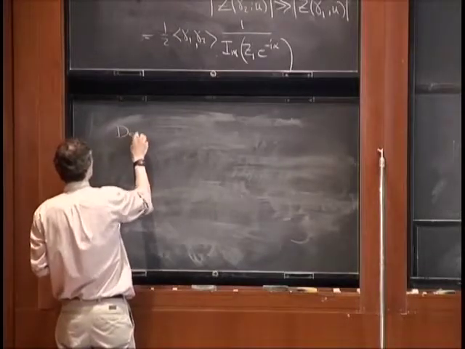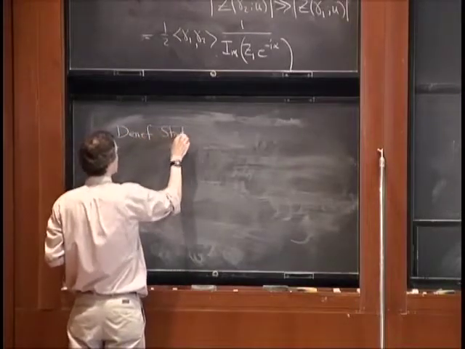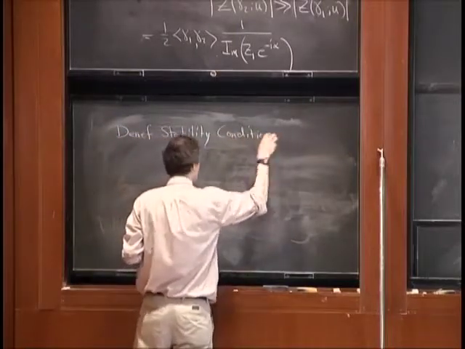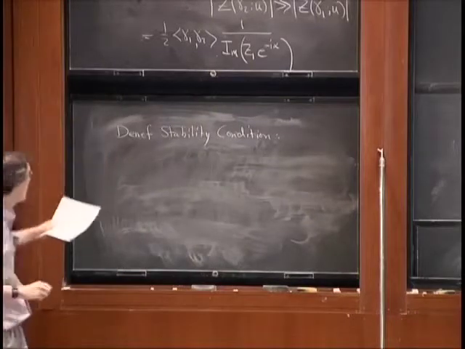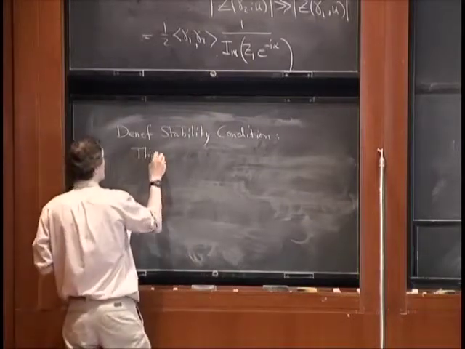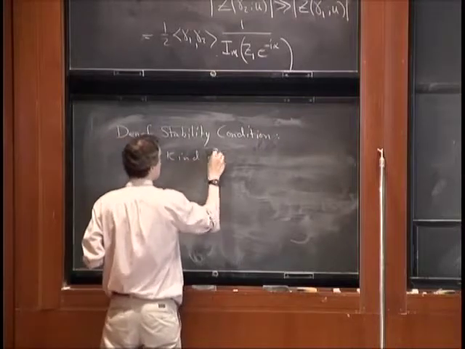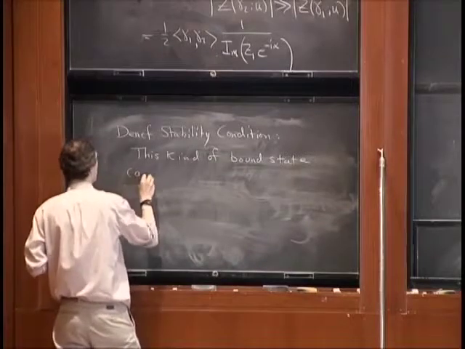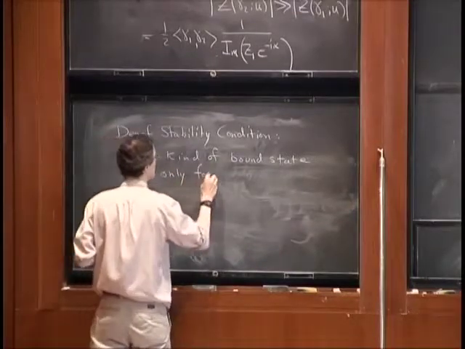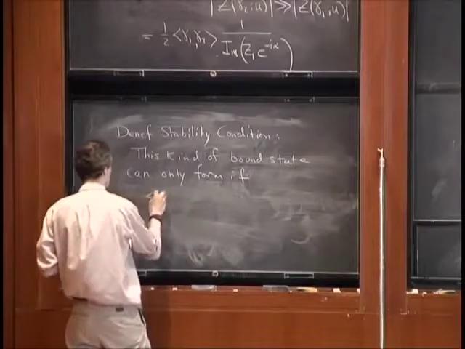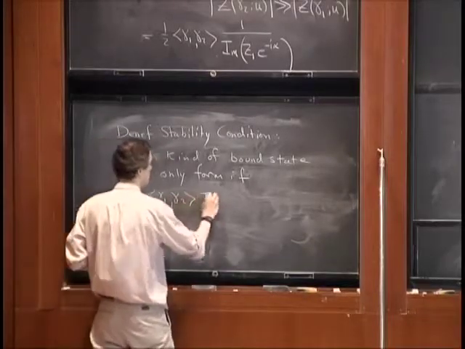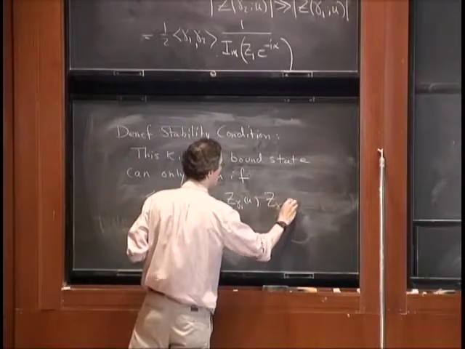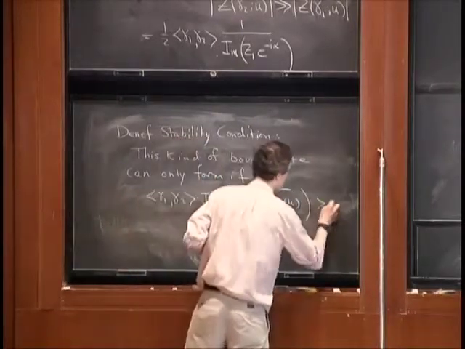And that determines what I call the Denef stability condition, which says that this kind of bound state can only form if gamma 1, gamma 2 times the imaginary part of z gamma 1 u, z gamma 2 u is positive.